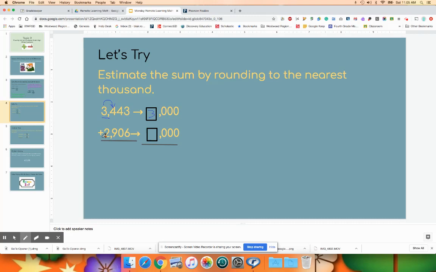I'm going to underline the rounding place. I'm going to draw my arrow. Now I have a 9. 5 to 9, bump it up. So the 2 turns into a 3. And remember, everything after the rounding place turns to zeros. So I have 3,000 plus 3,000, which gives me 6,000. All right. So my estimated sum is 6,000.